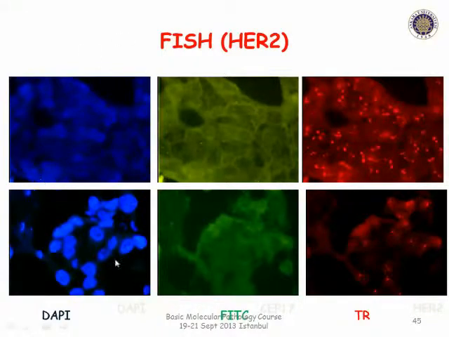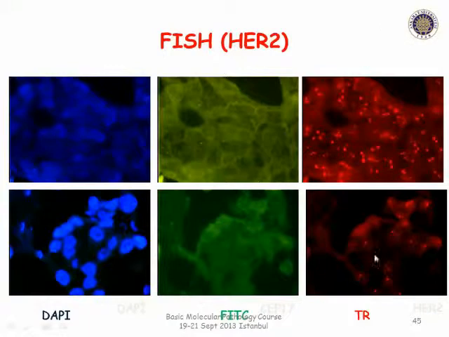There are some nuclear dyes, most frequently DAPI. You can use them, and when you are examining, you can be sure that the signals are coming from the nucleus. When you're using ordinary microscopes, you can change the filters and see the signals.